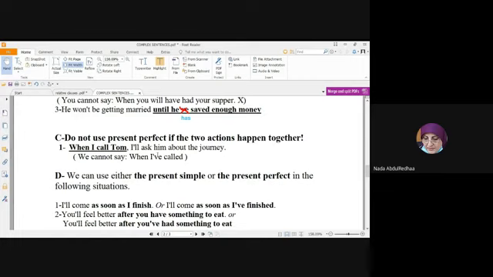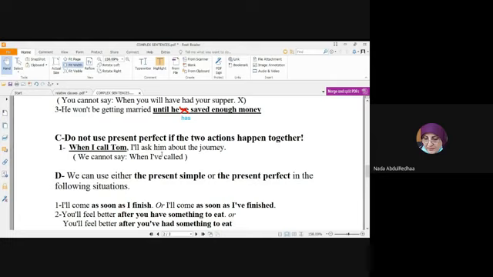And you know, one of the functions of the present simple is that we can use it to refer to the futurity. So I use the present simple here to refer to the future. I don't use the future form. The meaning of this example: when I call Tom, I'll ask him. I didn't call Tom yet.